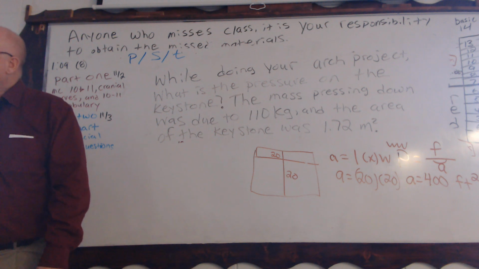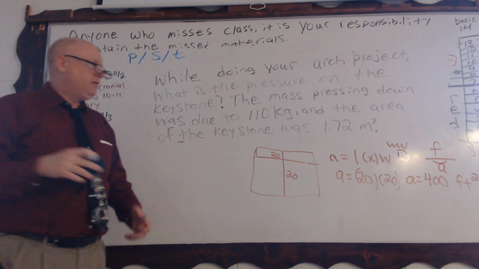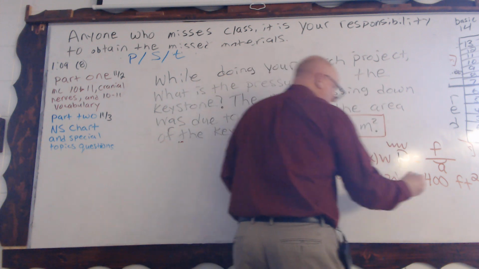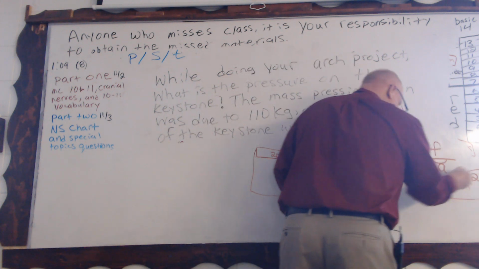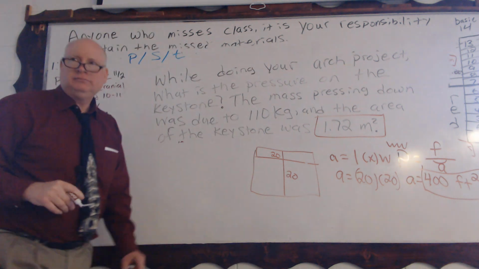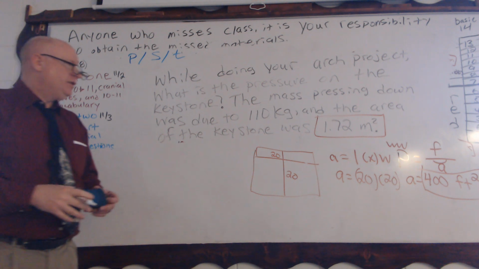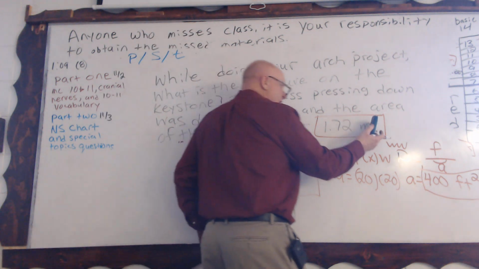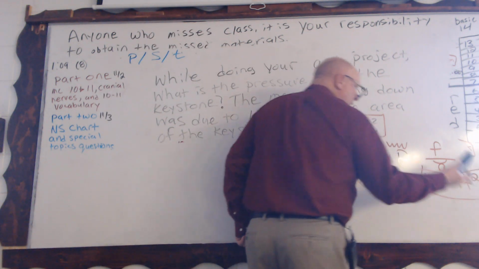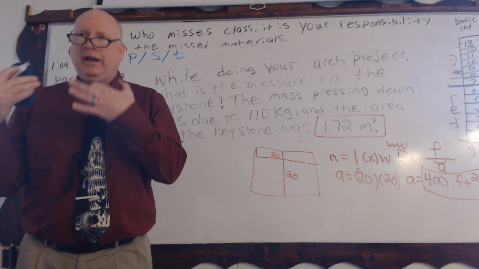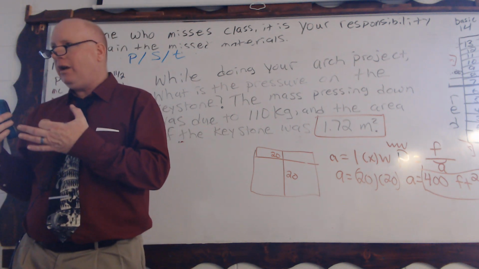The reason we're doing that as an example, what similarity do we see between these two? I understand the numbers are different. The labels are different. So this is meters squared, and this is feet squared. Our main idea behind that is when you take length times width, it gives you an area.